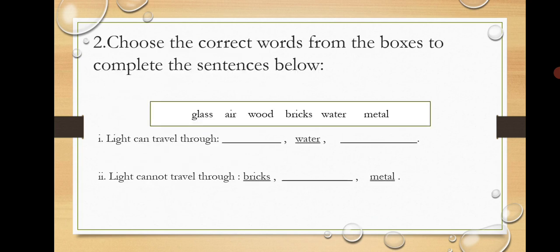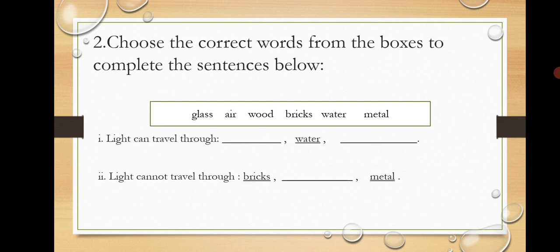2. Choose the correct words from the boxes to complete the sentences below. The word bank is given. The words are glass, air, wood, bricks, water, metal. 1. Light can travel through dash, dash and dash.